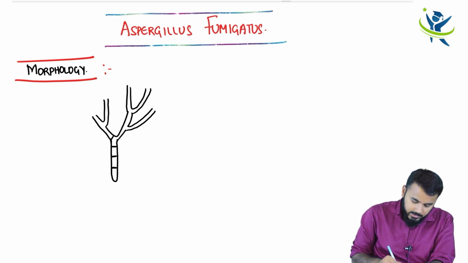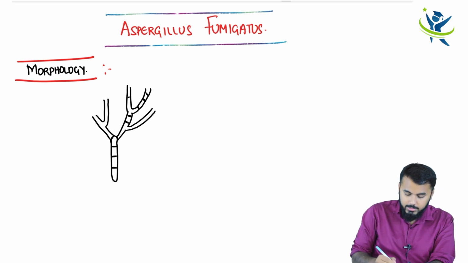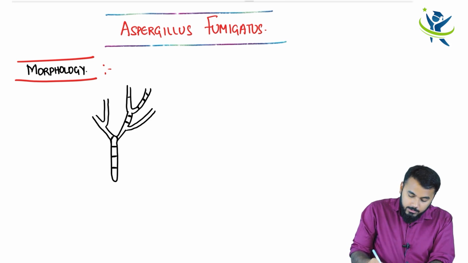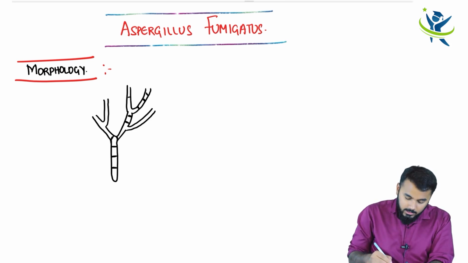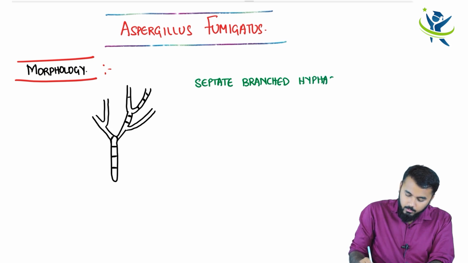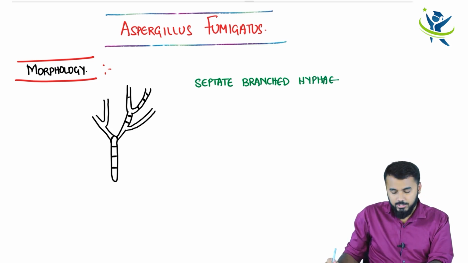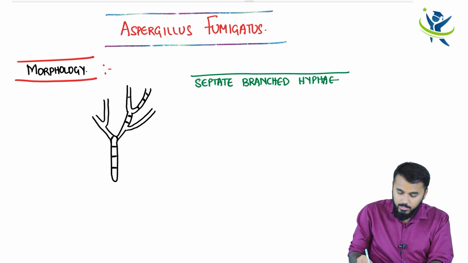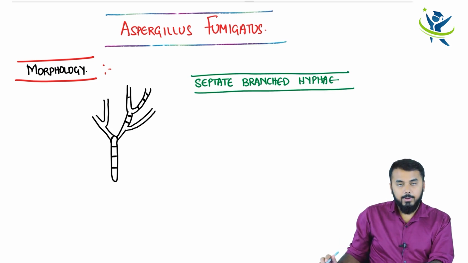If they have septa in between, what should I call it? I should call it septate hyphae, right? So the first important thing I would write here is, obviously, this is a septate branched hyphae. This would be a septate as well as a branched hyphae.